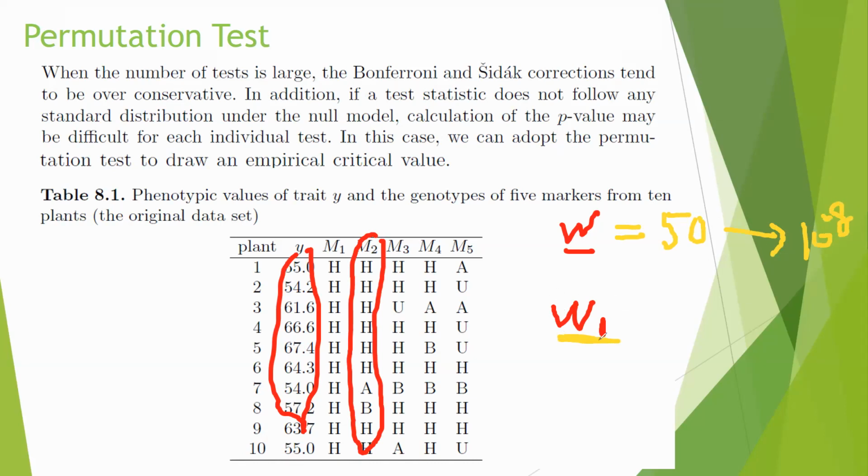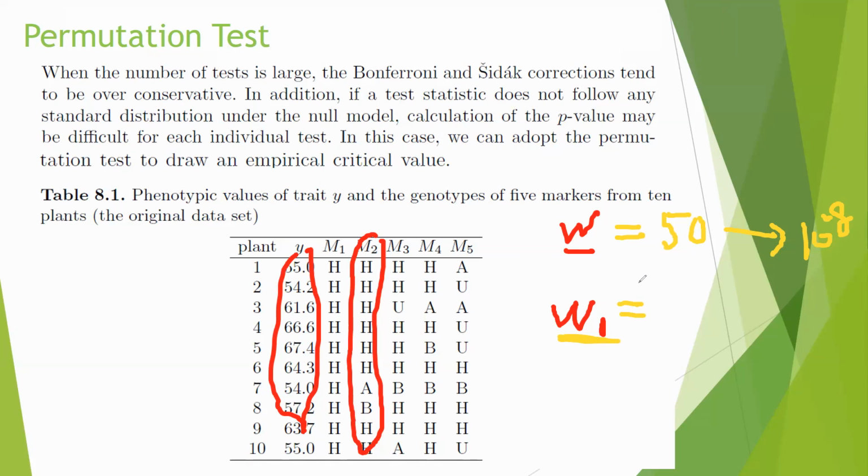Now, if you have randomized data, what do you think? The test statistic will be calculated for this randomized, permuted new data. Do you think this value will be large or small? Large?